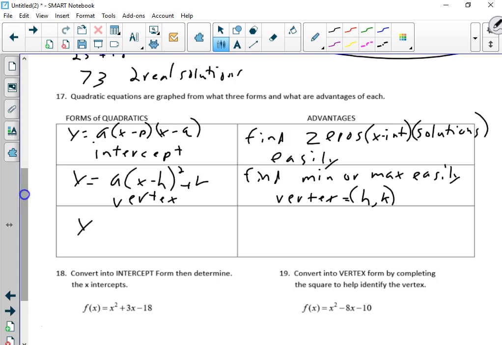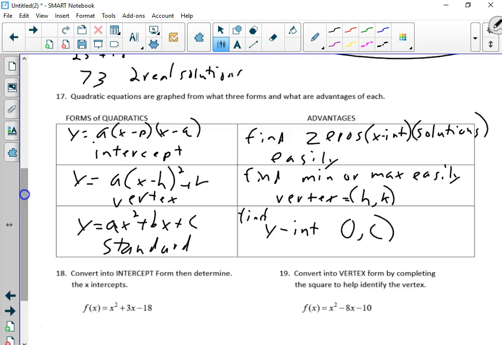And last but not least is standard form, ax squared plus bx plus c. And that is to help us find the y-intercept, which is at 0, comma, c.